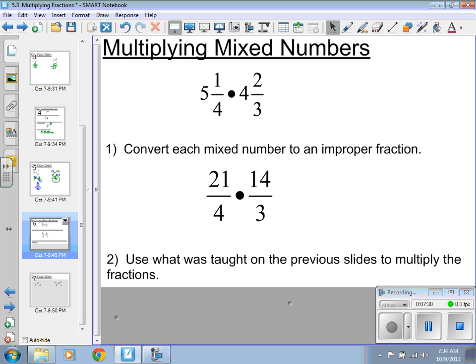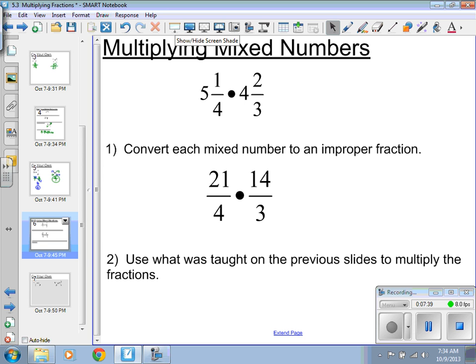Next, we use what I taught you on the previous slides to multiply the fractions. We're simply going to find the factors we have in common. 4 and 14 both have a 2 in common. 4 divided by 2 is 2. 14 divided by 2 is 7. 21 divided by 3 is 7. 3 divided by 3 is 1.